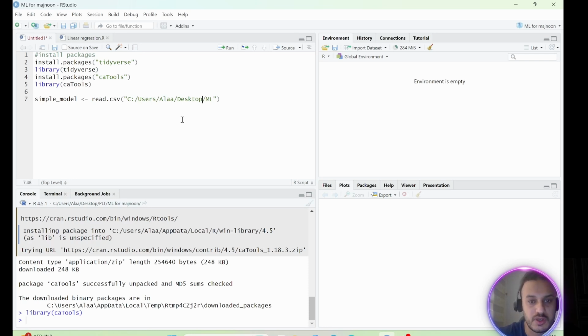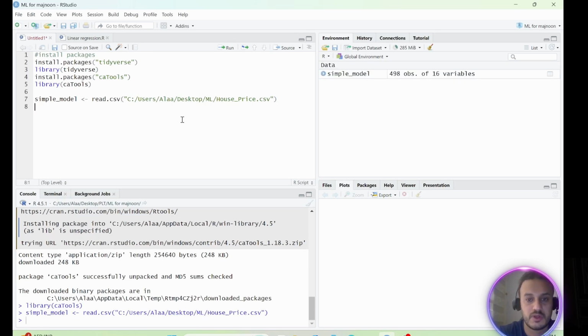So machine learning, backslash, house_price.csv, and then capital Enter. We'll run this.